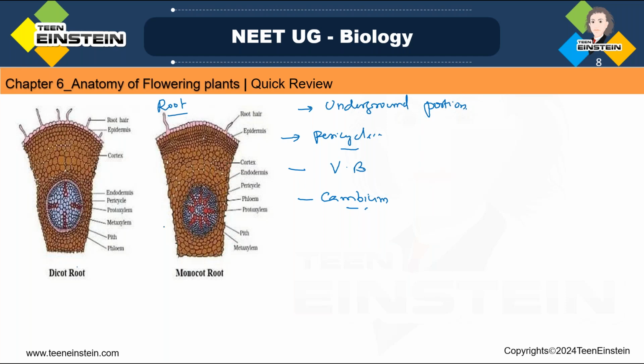Then next comes the pith region. Here you can see pith region. Here also it is marked as pith region. So pith region is poorly developed or it may be absent in dicot root, and abundant and fully developed in which one? In monocot root.